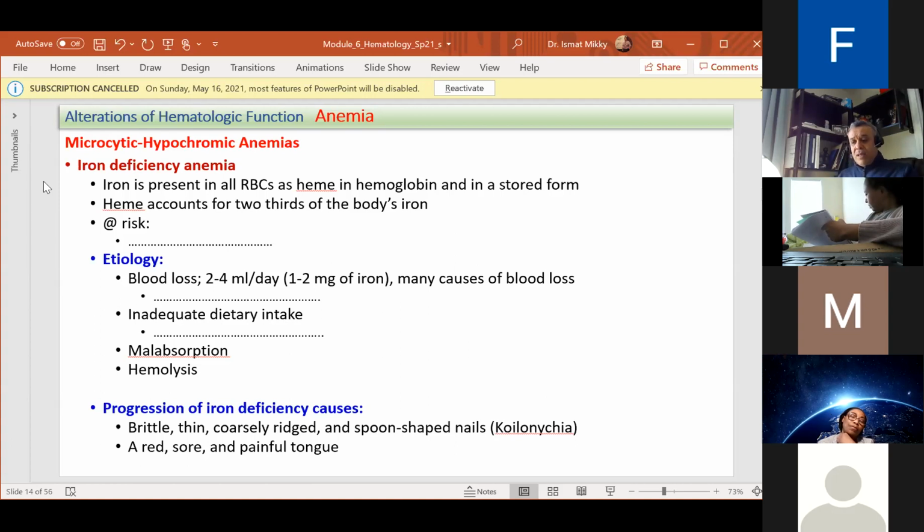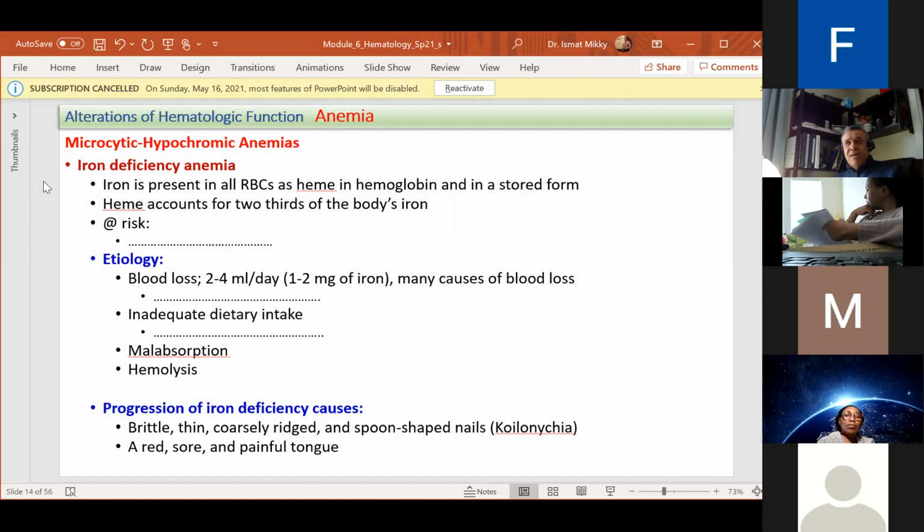And the signs and symptoms will be similar to the megaloblastic vitamin B12 deficiency. Remember that we said red beefy tongue. Here, it will be a lower scale of red, a sore, painful tongue too.